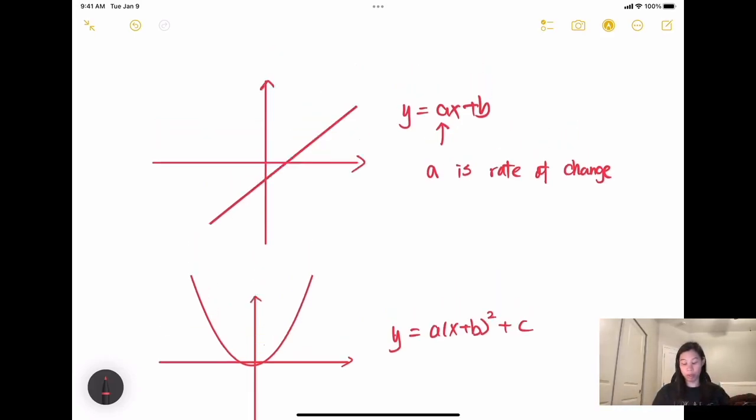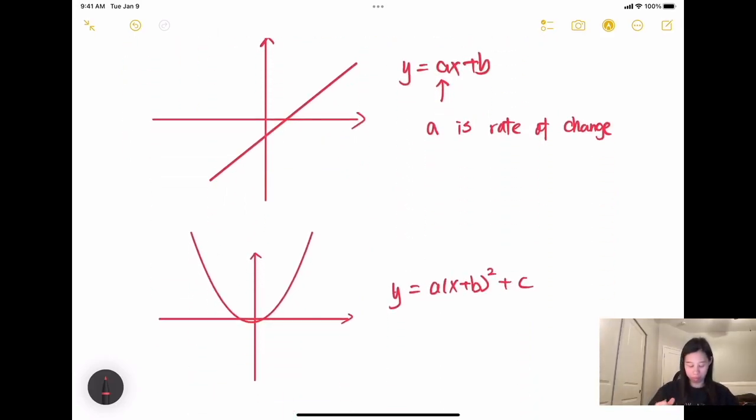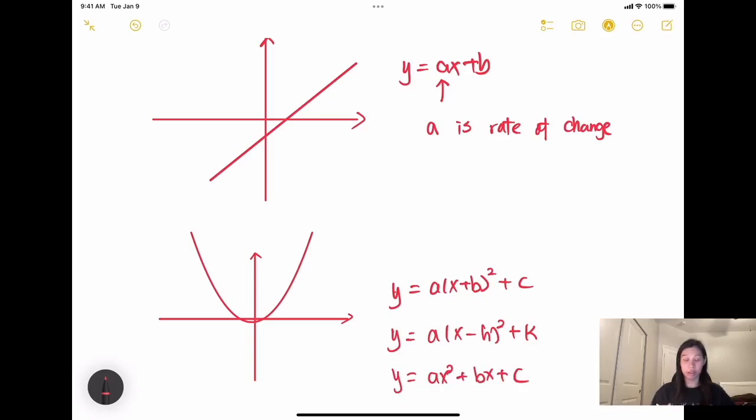You're probably more familiar with y equals a(x minus h) squared plus k. That's fine. Remember, b and c are just numbers in some very general form. Okay, let's not get carried away. This is a quadratic function.